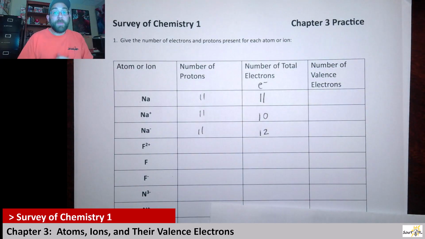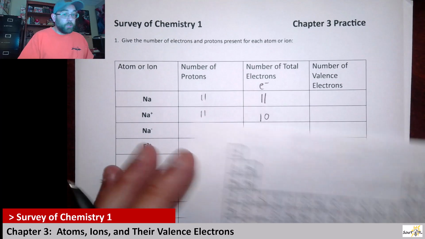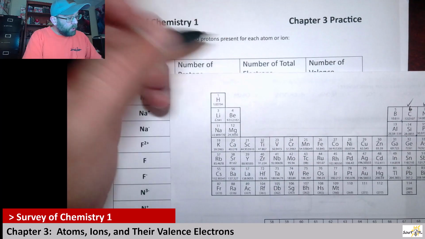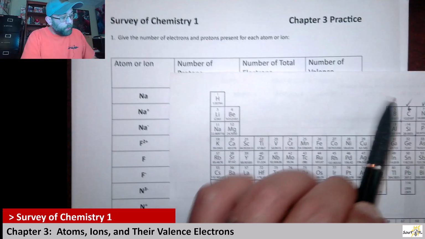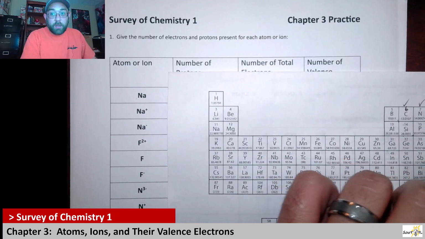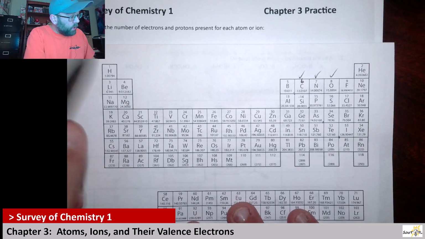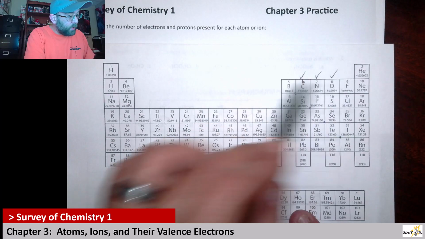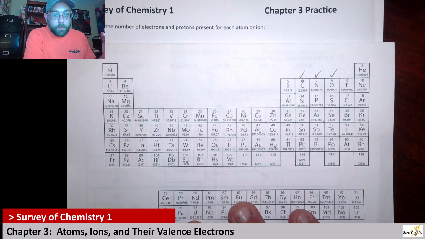Now from here, it wants us to look at the number of valence electrons. What are valence electrons? Those are our outer shell electrons. So let's look at sodium here. If we're looking at columns 1, 2, 3, 4, 5, 6, 7, 8, it's fairly simple.